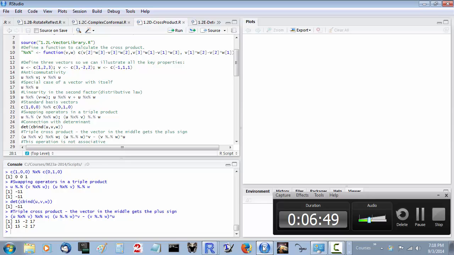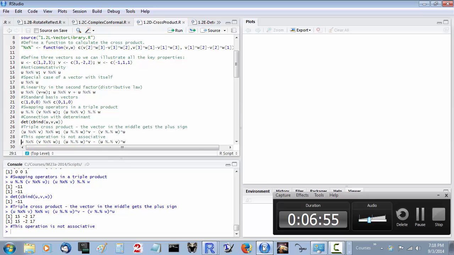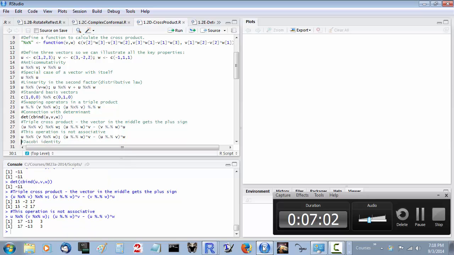This is an interesting example of an operation that's not associative. You can take the cross product of three vectors, but the order makes a difference. If I put the parentheses around the second and third vectors, I get a somewhat different number.